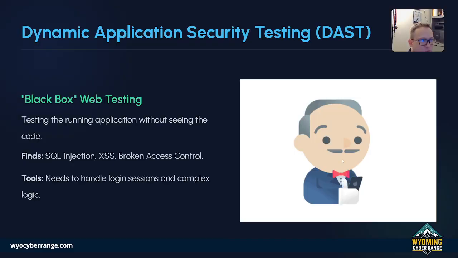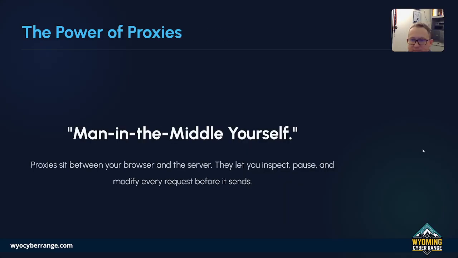Now, the primary tool, if we're dealing with web assessments, is going to be called a proxy. Okay. Now, a proxy itself, think of this as being a man in the middle or an on-path attack yourself.